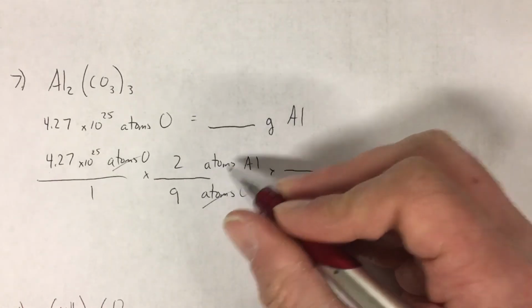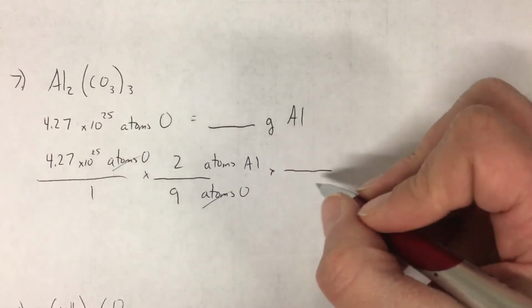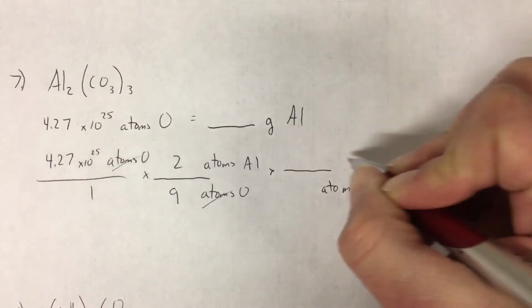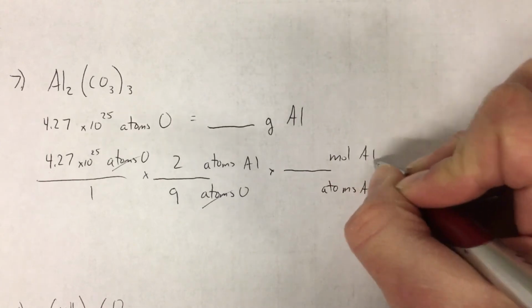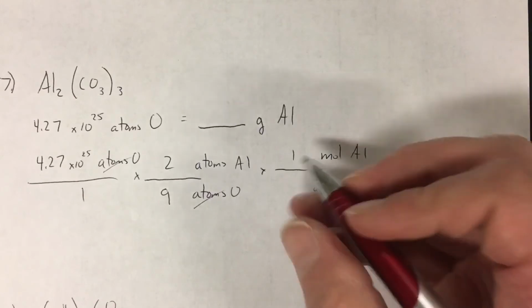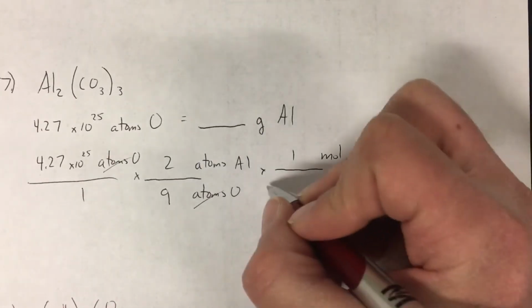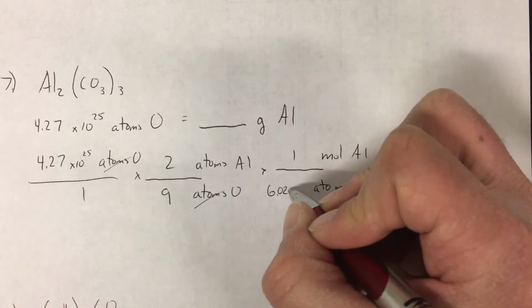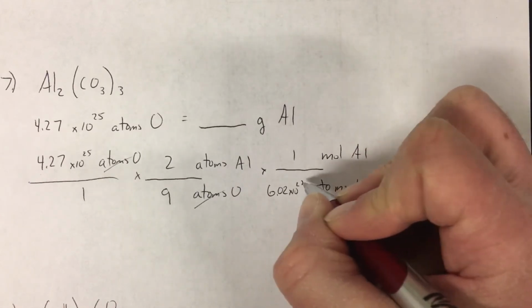Now to go from atoms to grams, we're going to have to go through moles. Again, using the molar mass. So a mole of aluminum has a mass of, or I'm sorry, not molar mass, my mistake. Using number of atoms. I was a step ahead of myself.